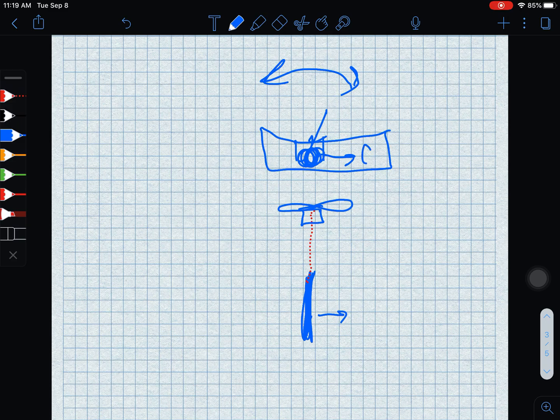Now if the ball has gone to the right, then that means the nose section is here, and then the vertical stabilizer is right up here. So that means you're turning to the left again.